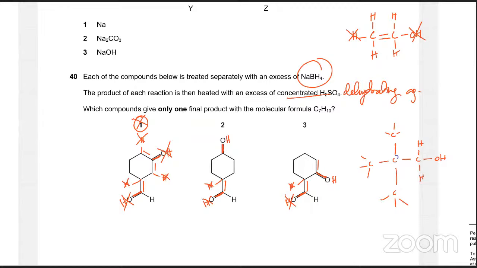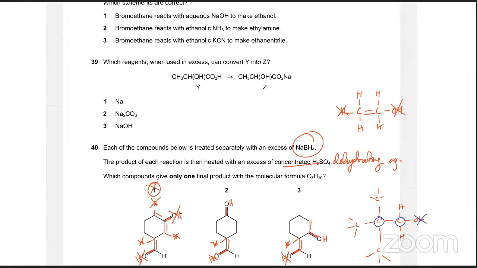The reason is the OH will be gone from the carbon atom, and the neighboring carbon atom, the H must go, but there is no H. So there isn't going to be any dehydration possible. Okay, because the OH will not be able to find the H from the neighboring carbon atom. So which is why 2 and 3 are correct in this case.